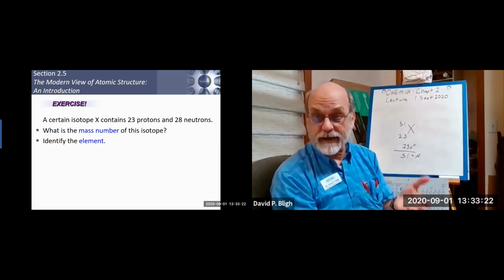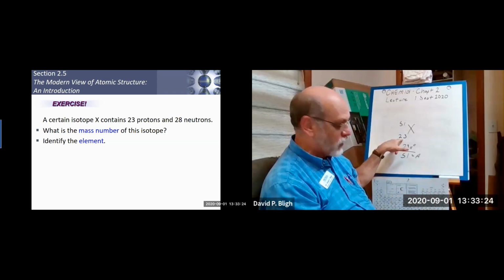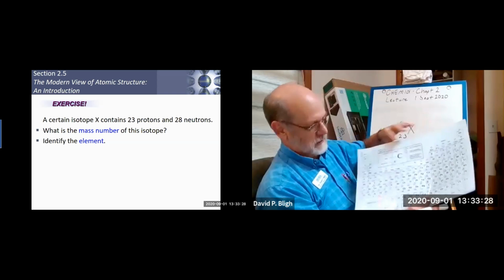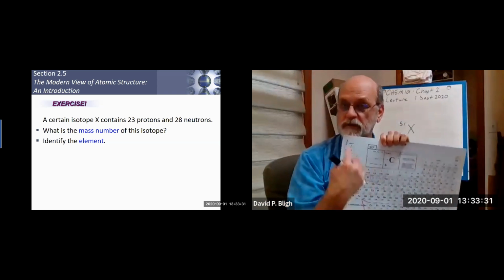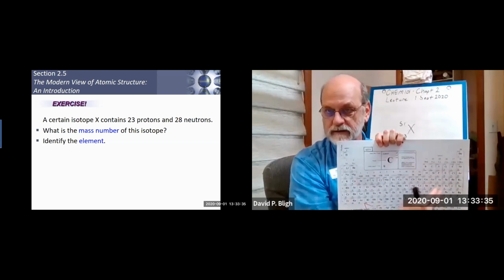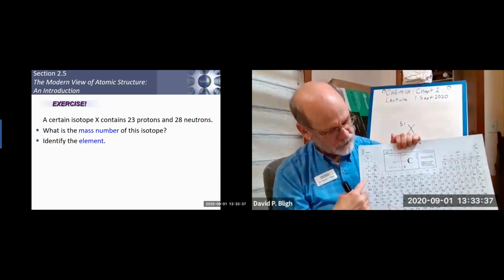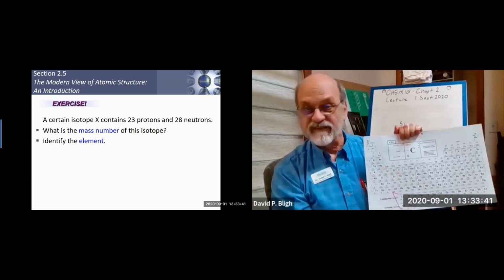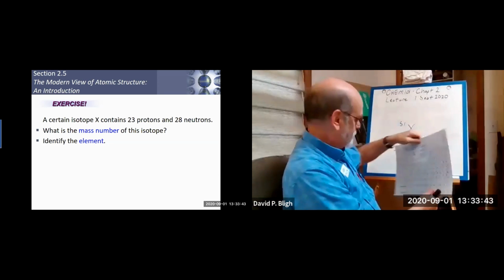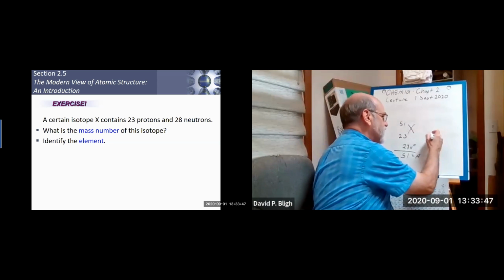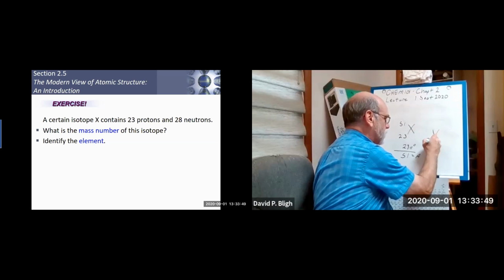Well, we need our periodic table. 23 protons means, let's see, they go from small numbers to large numbers, top to bottom, and left to right. So you can just follow along till you find 23. And I think it's probably vanadium. So we have identified this as vanadium.